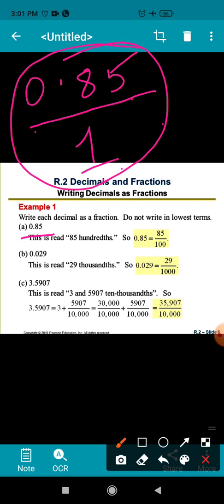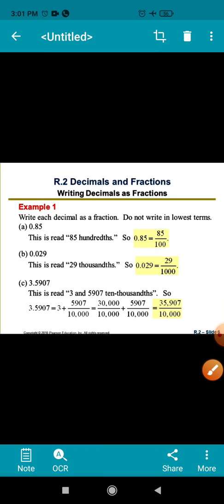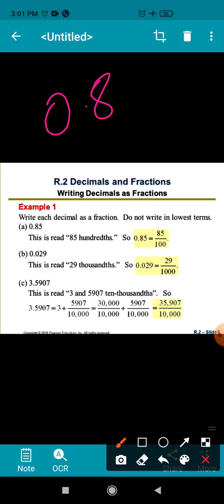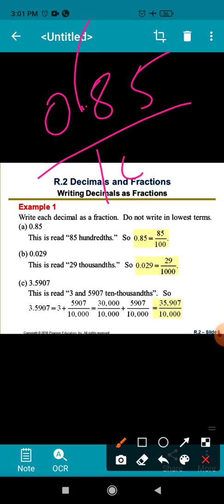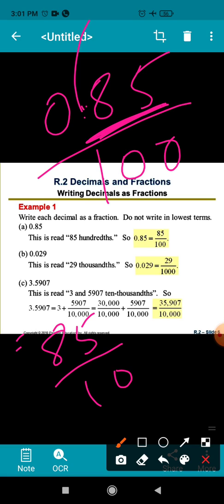Okay, after that you will remove this 0, you will remove this point and put 2 zeros because after this point there are 2 digits. So the answer will be 85 upon 100. Here you can see, right?